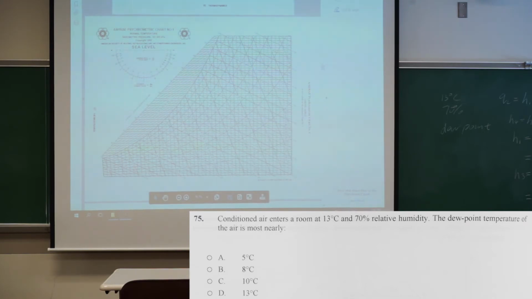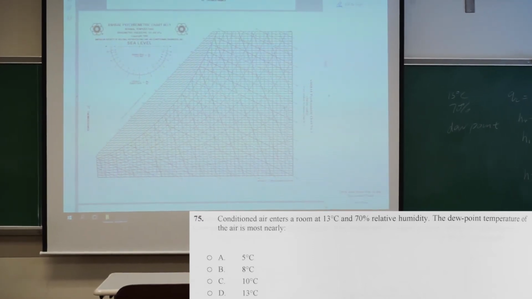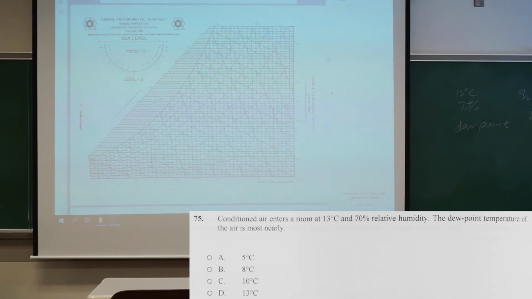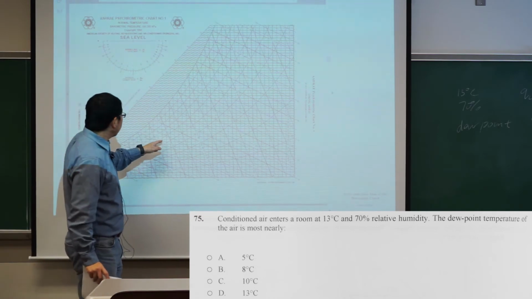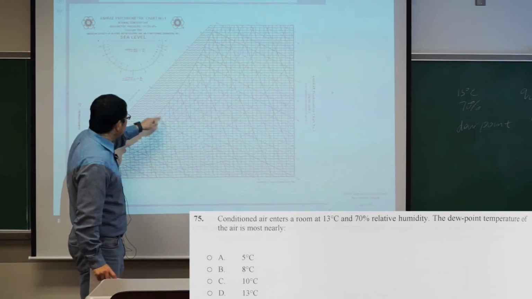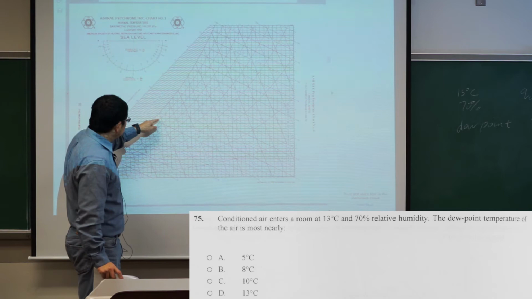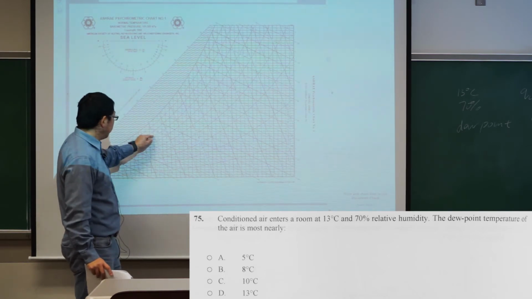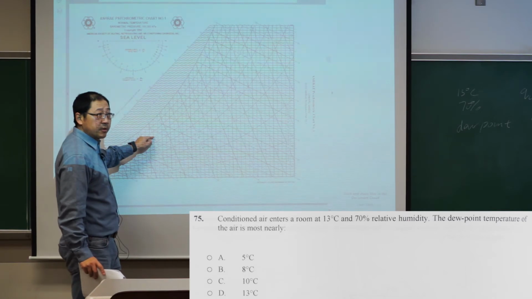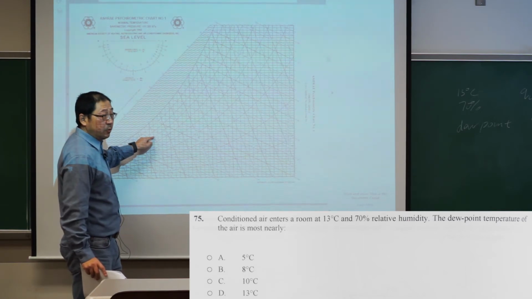So you're going to look at 13, 10, 12, 13, and you look at the 70, and that's the line you have. That's the state. Because you can see somewhere at 90, 80, 70, and then you have the 13 intersection, and then it's asking for the dew point.